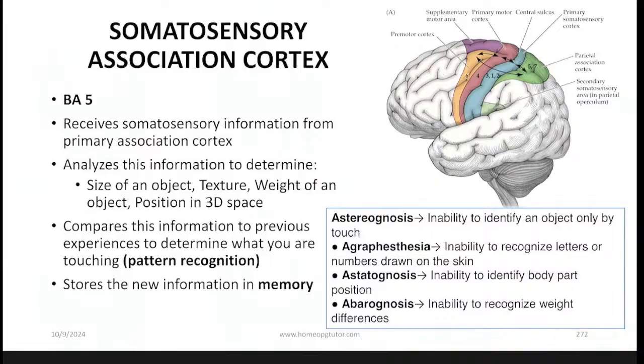It receives the somatosensory information from the primary somatosensory cortex. And what they do, they analyze this information to determine the size of an object, the texture, the weight of an object, the position in 3D space, all that, and then they are going to compare this information with the previous. See, suppose we hold a particular pen in our hand.